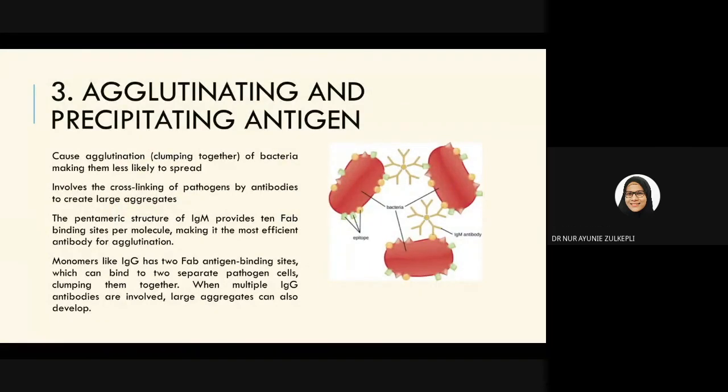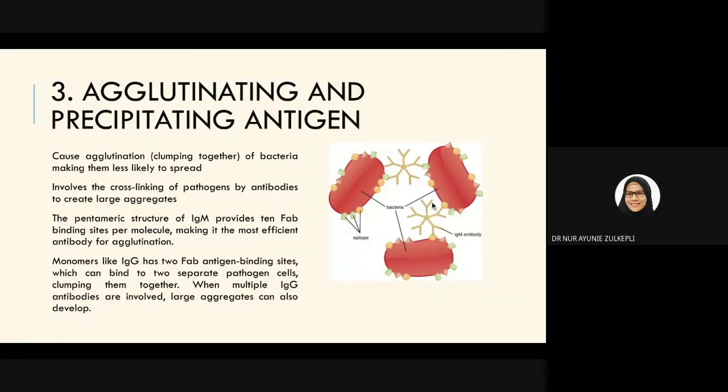And agglutinating and precipitating antigens. So some bacteria can be excluded from the body by causing agglutination or clumping together to make them less likely to spread. Okay, so it involves a cross-linking of pathogens by antibody to create large aggregates. And the main antibody involved in agglutination is IgM antibody, pentameric IgM with 10 Fab sites.